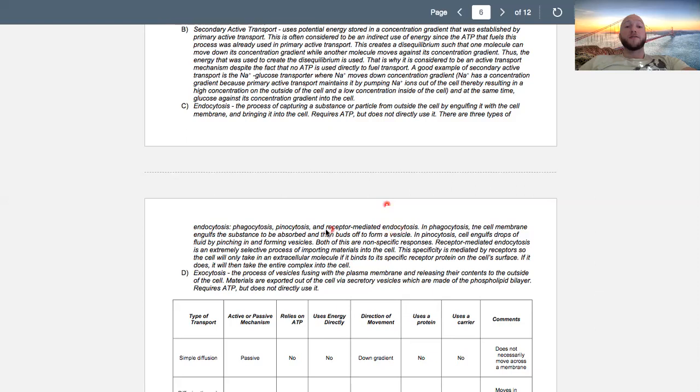It's non-specific. Pinocytosis is similar, but engulfs a drop of fluid. Non-specific. With receptor-mediated endocytosis, it's extremely selective. A substance binds a receptor, and that causes a reaction where the cell membrane goes inward and brings that particle into the cell. It's very specific.